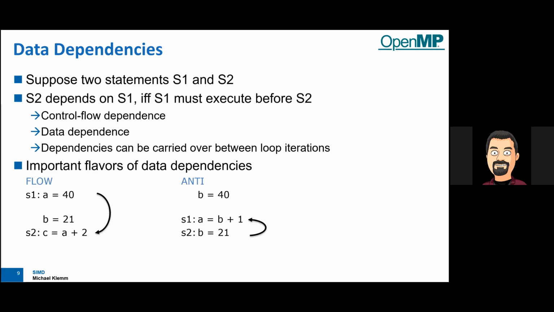So I have an example down here where statement 1 sets A to be 40, and then statement 2 reads A and needs that value that we just wrote, right? If you turn that around, you likely read an uninitialized value of A or the old value of A, and that likely will break your code, right? So this is generally a dependence.